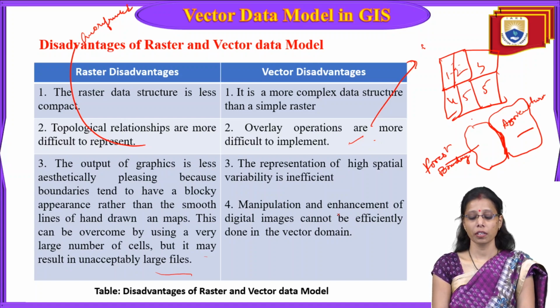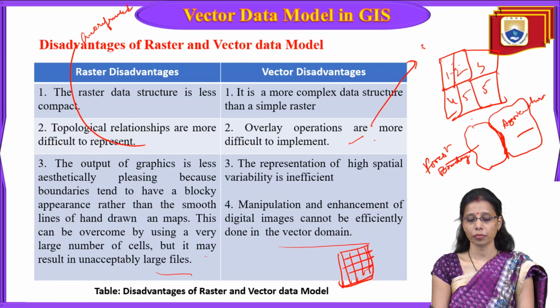So manipulation and enhancement of digital images cannot be efficiently done in the vector domain. For example, raster has all the images in grid formats. Grid format means DN numbers are already provided for each block, like DN number 1, 2, 3, 4.